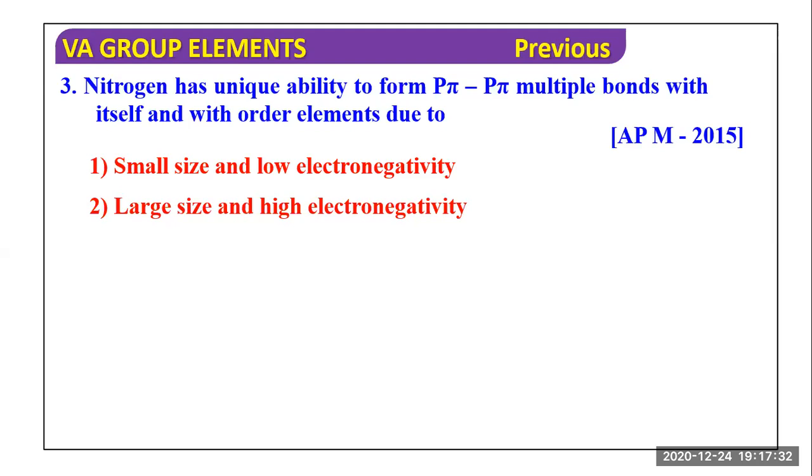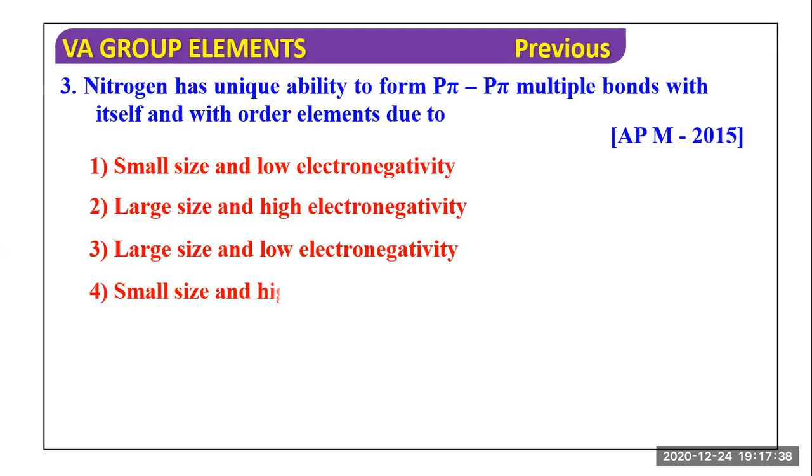Large size and low electronegativity? No. Small size and high electronegativity. Nitrogen is small in size and its electronegativity is also high. So small size and high electronegativity is the best answer.